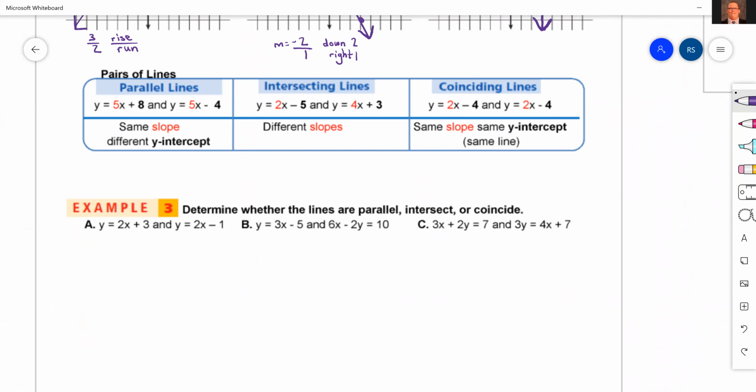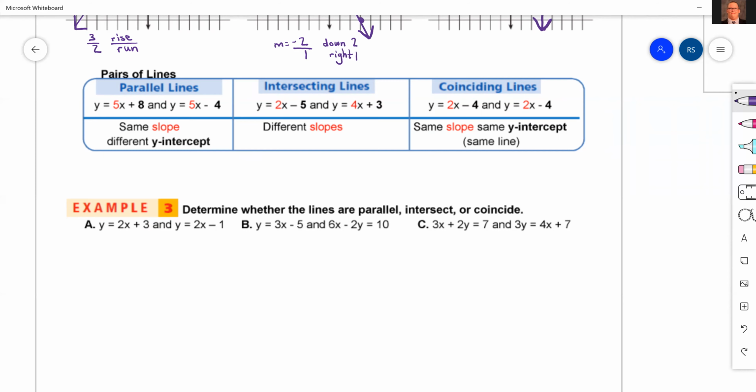So as soon as you see the slope is different, they intersect. End of story, case closed. Coinciding lines mean they have the same slope and the same y-intercept. Or they're basically the same line, just written a little differently.